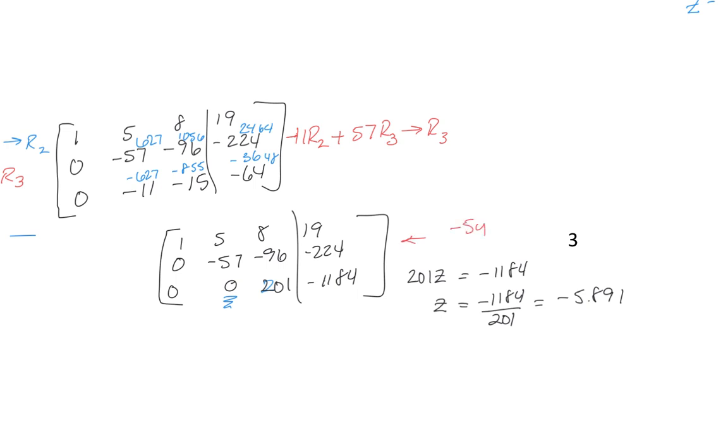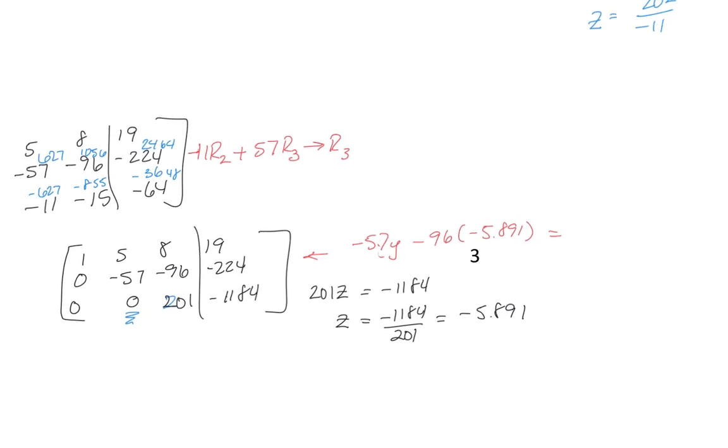So negative 57y minus 96 multiplied by the negative 5.891 is equal to the negative 224. I get my y to be 13.851.